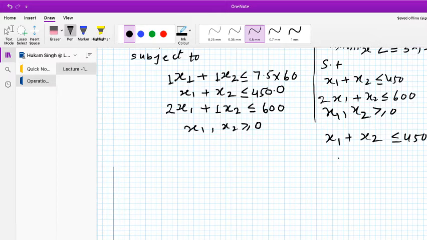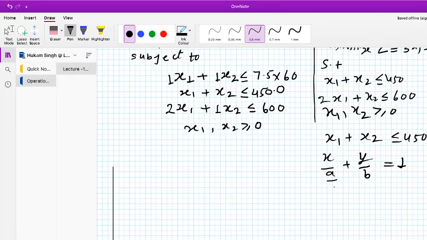So how do we plot this constraint? If you remember the equation of a line, it is x upon a plus y upon b equals 1.